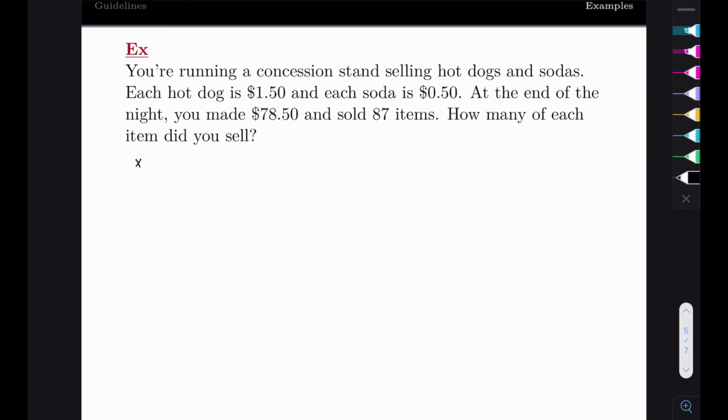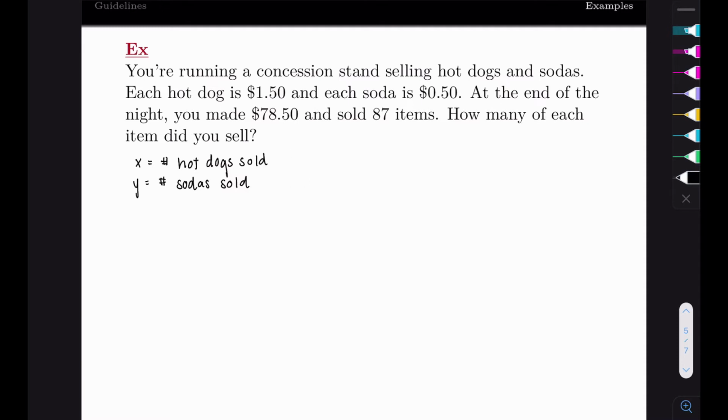So we'll let x be the number of hot dogs we sold, and we'll let y be the number of sodas sold. Again, you can use an h and you can use an s, but s is also one of those variables that can look like a number.